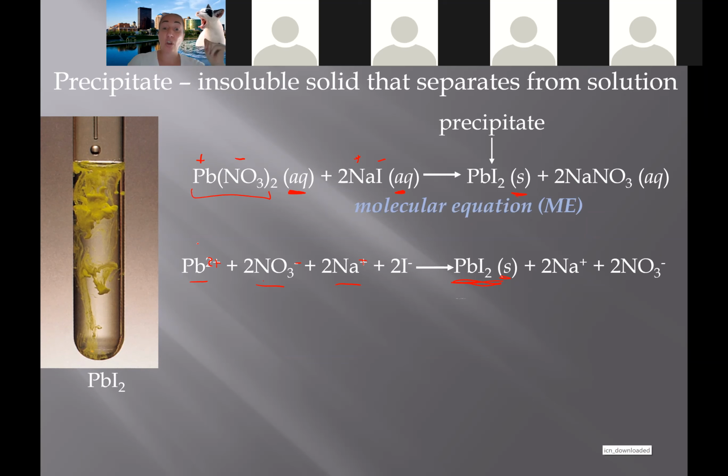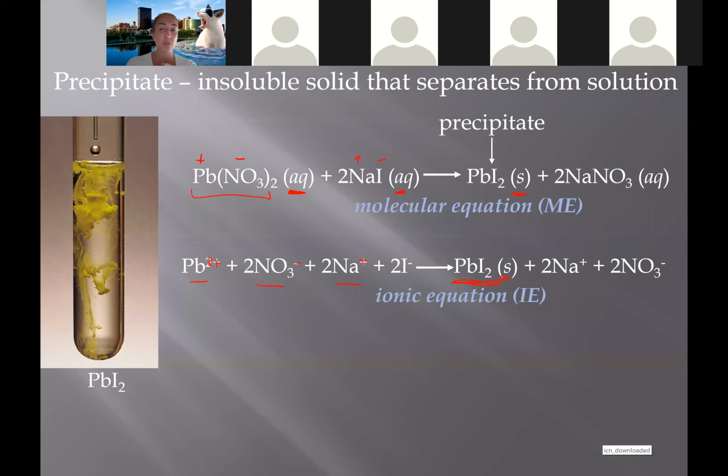So the whole point of this is to figure out who is actually reacting at the end. The way that you figure that out is going through these steps. So you have your first molecular equation. The second one you break up into ions, whoever can be broken up. And if you notice, there's certain things on both sides of these equations that are the same exact thing.